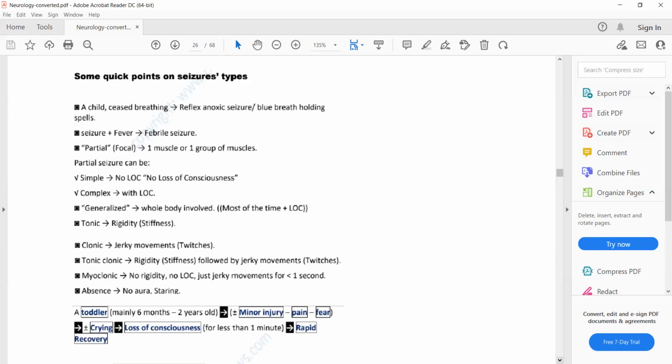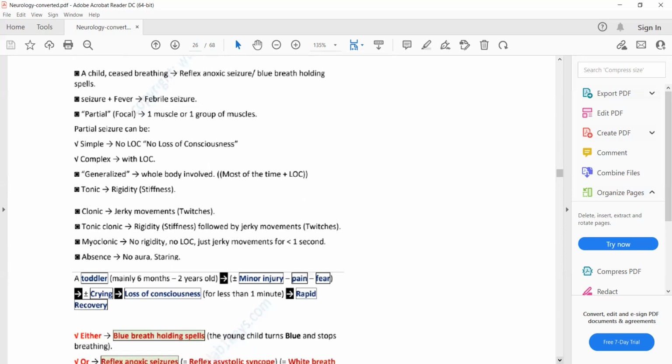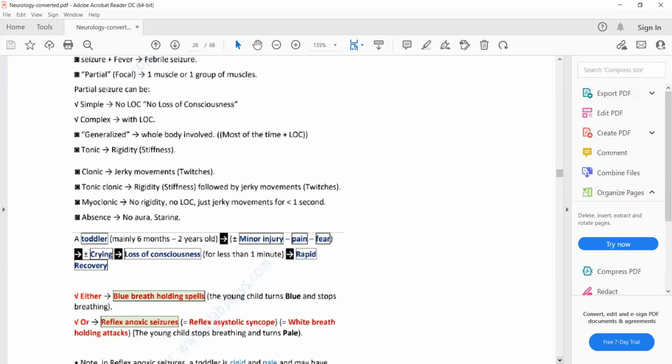Now, another type of seizure in children is reflex anoxic seizures or blue breath holding spells. They are common in toddlers, mainly 6 months to 3 years old. The precipitating factor is a minor injury, pain or fear.